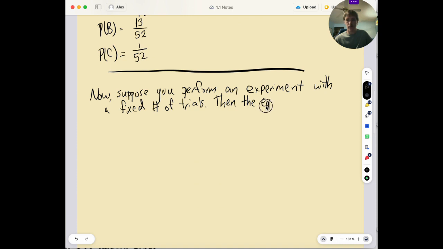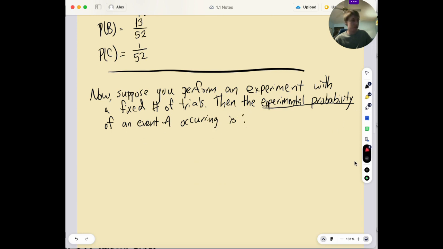The experimental probability, which we're going to underline, of an event A occurring is given by the following. It is going to be little n of A divided by little n.